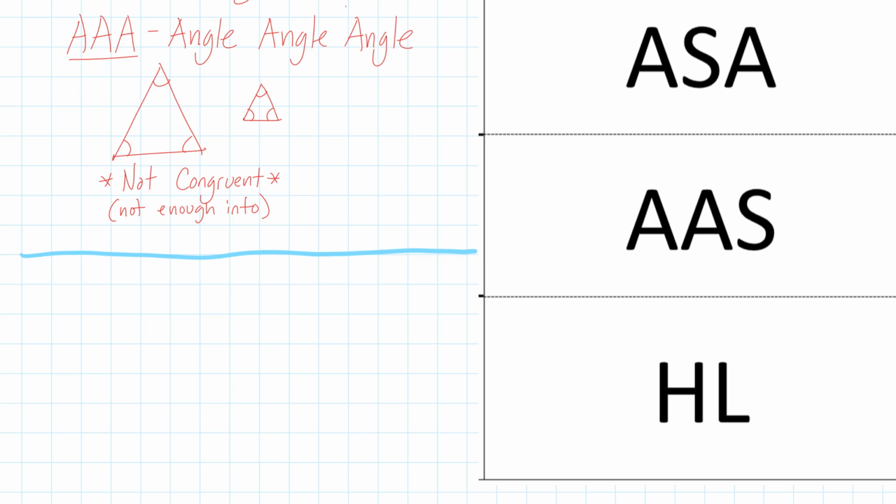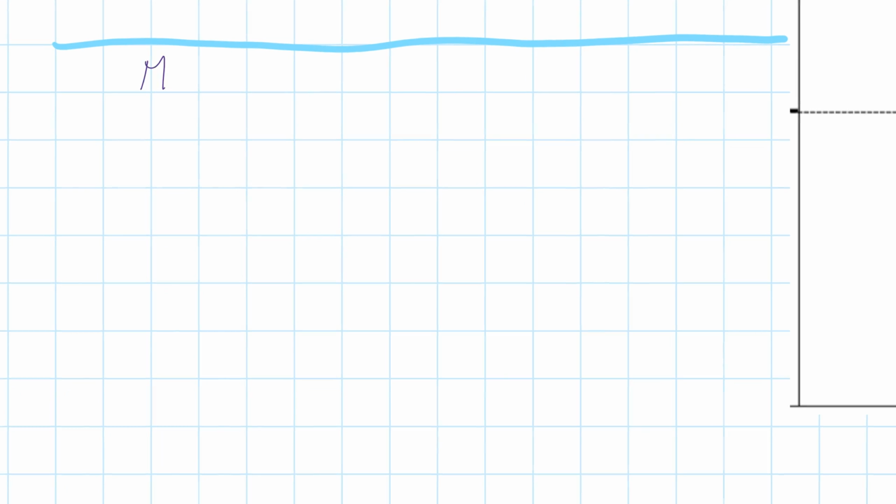That's bad math practice. Okay. There are 2 exceptions to this rule. 2 times that you can mark congruence even though it doesn't tell you. So I like to call this when you can mark extra parts congruent.